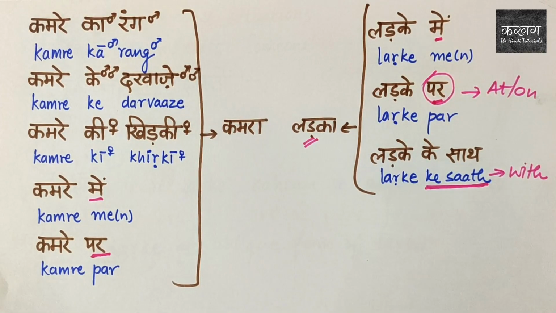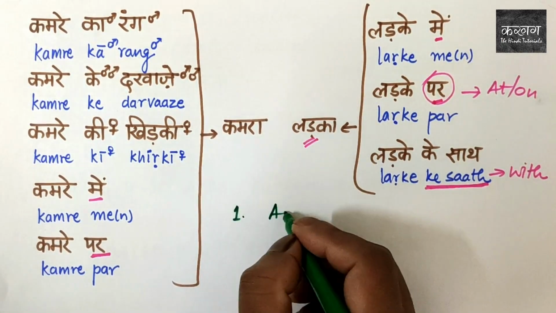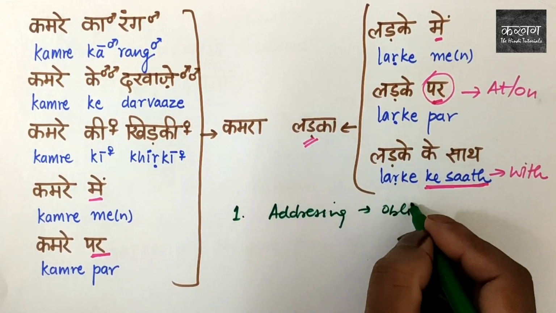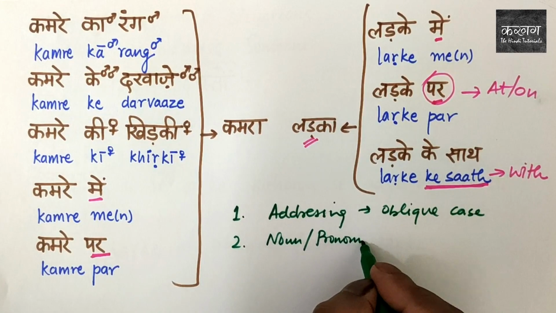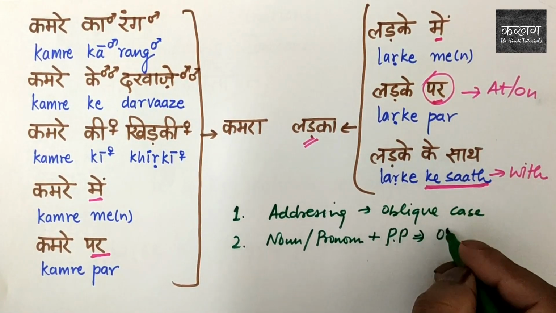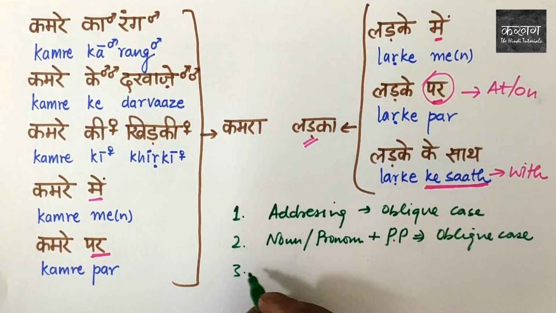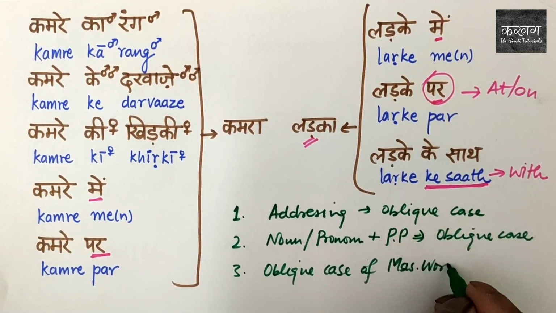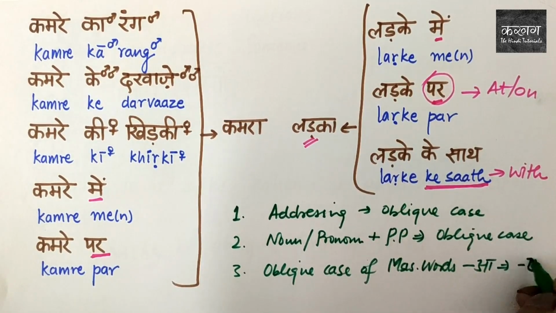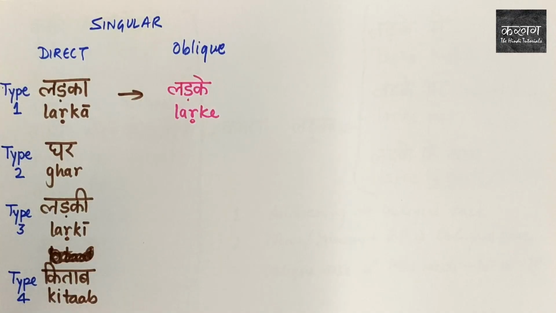So till now we have learned we use oblique case while addressing someone. We use oblique case when a post position comes after a noun or a pronoun. In oblique case, the a sound is replaced by the e sound in case of type 1 words, except for relations and some loan words from Sanskrit. Now, let's proceed.